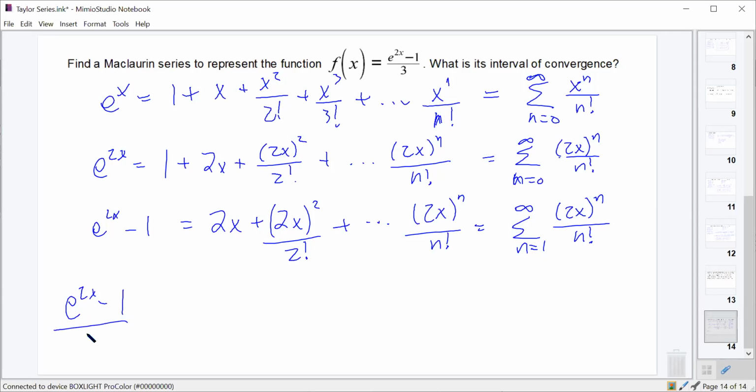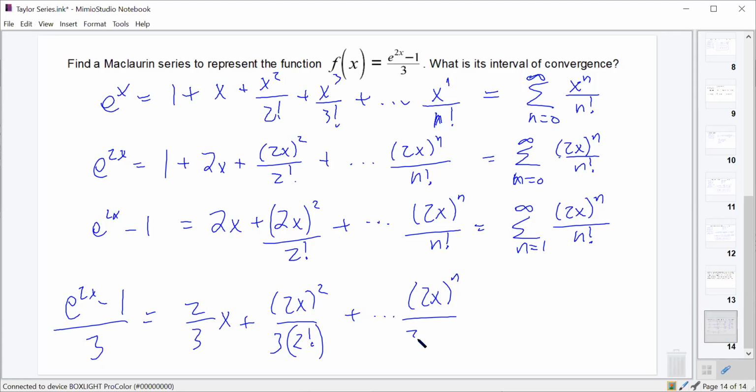Yep. All right. And then if we want to divide it by 3, we just divide it by 3. 2/3 x plus 2x squared over 2 factorial times 3, and so on. 2x to the n over 3 times n factorial. Note that the n factorial is in parentheses with a 3 outside of it, not a 3n factorial.